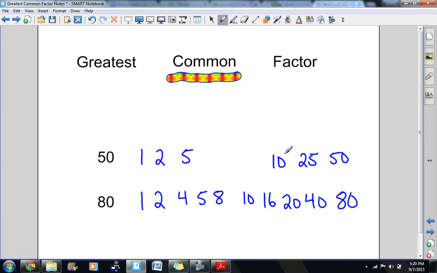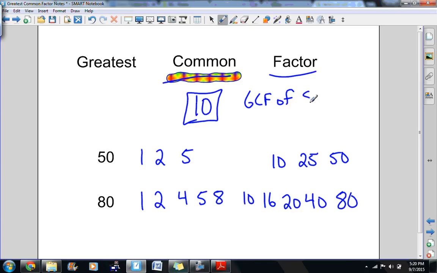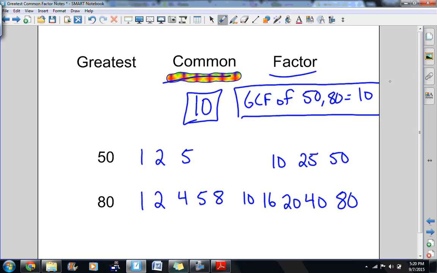So the largest shared factor between these two numbers is 10. One of the ways that you will see it written sometimes is GCF of 50 and 80 is equal to 10, which means the same thing as what we wrote above.